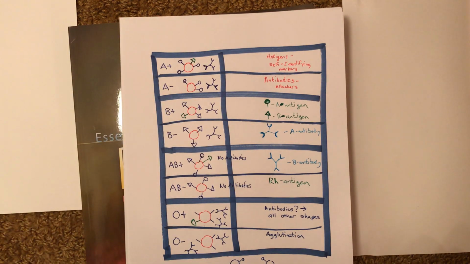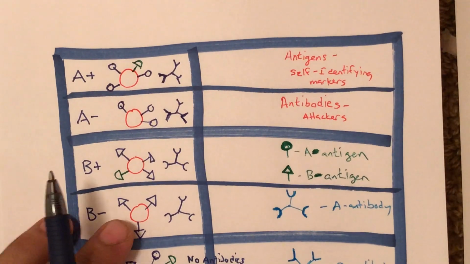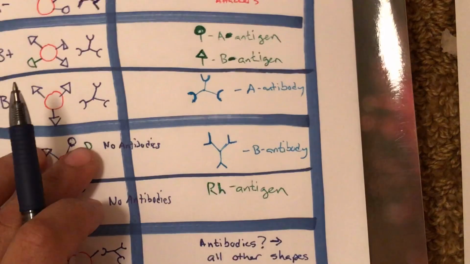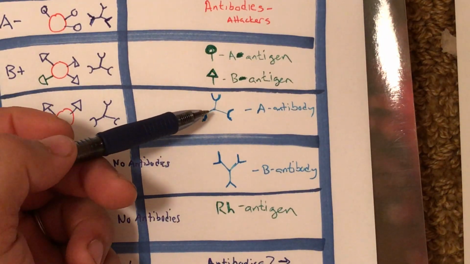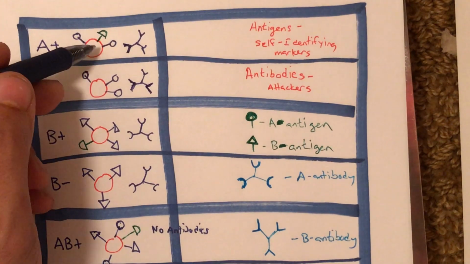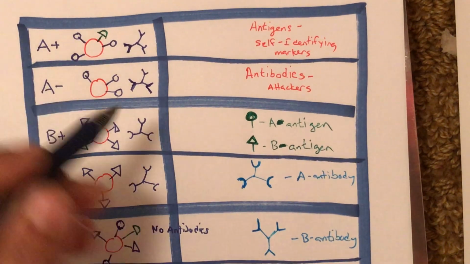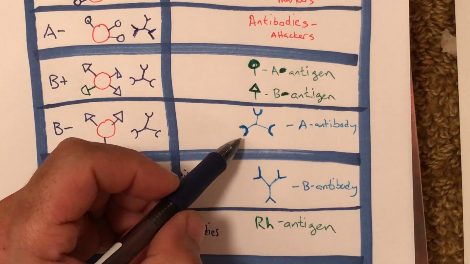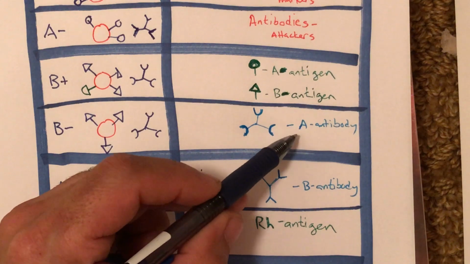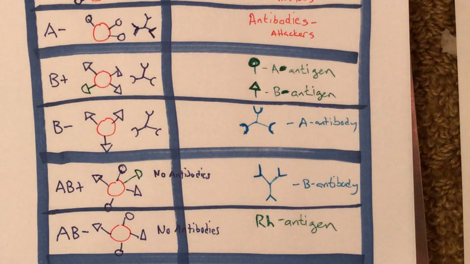Well, the answer is because people aren't generally born with Rh antibodies, but it's in our genetic code to make A antibodies and B antibodies, but not Rh antibodies.